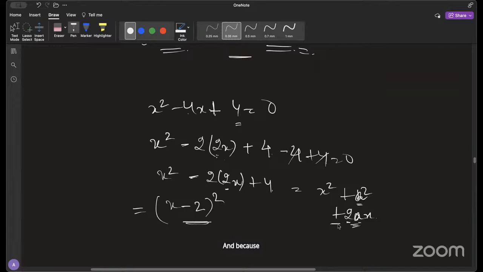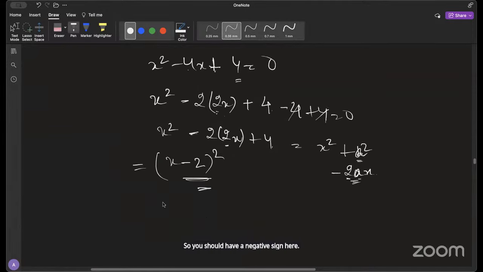And because this is minus 2ax, you should have a negative sign here. Does anyone have a doubt till this part?